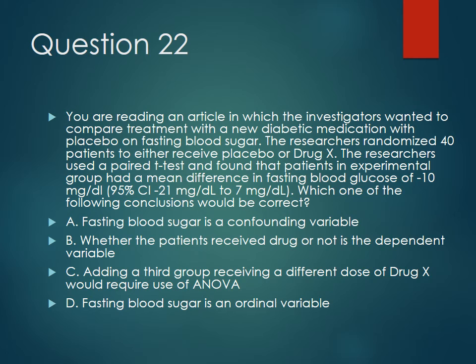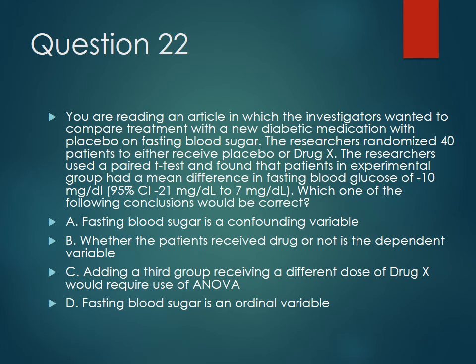So for instance, the difference between 10 milligrams per deciliter and 20 milligrams per deciliter is the exact same difference as you would see between 110 and 120 milligrams per deciliter. So because there is a set distance between each integer there on the scale, it's not going to be ordinal, right? So in this case, you could rule out D as well.